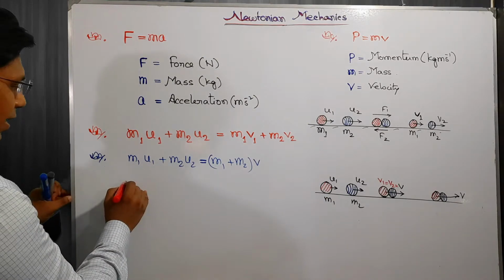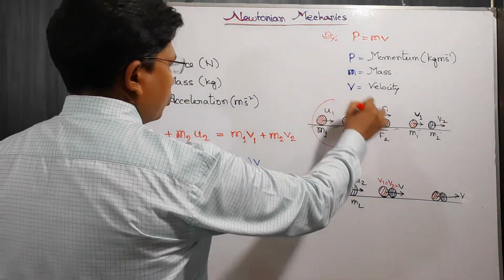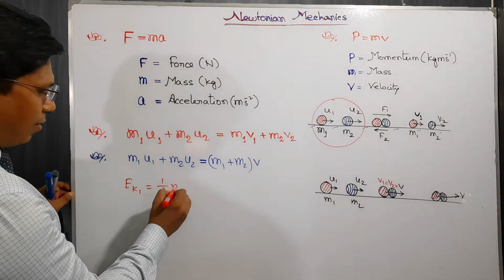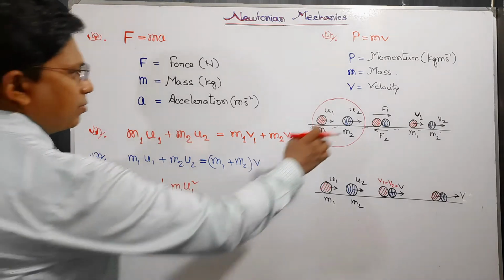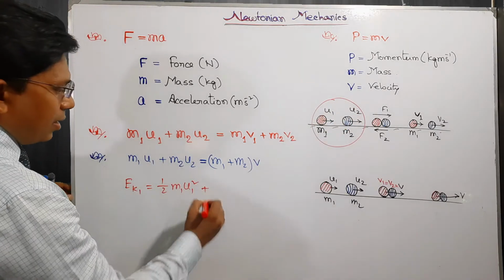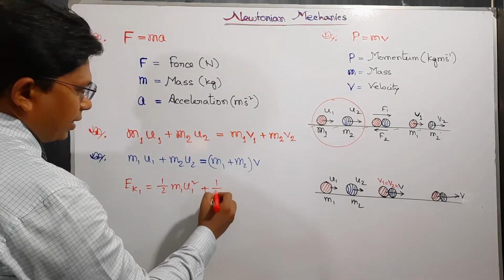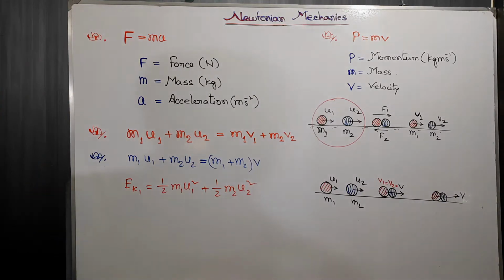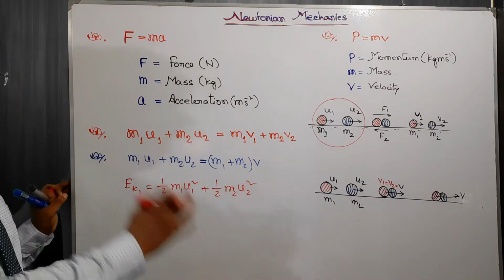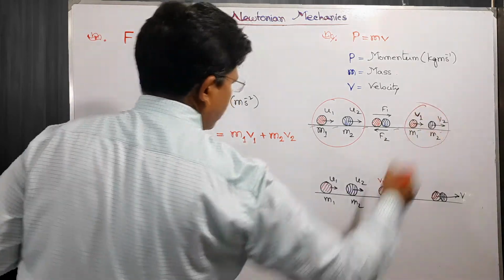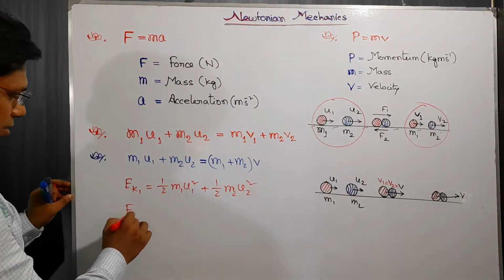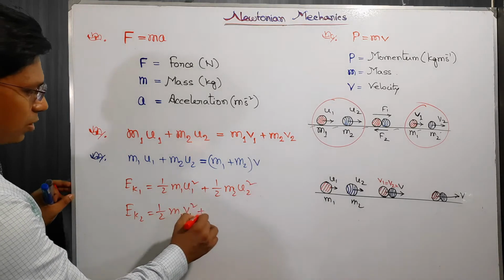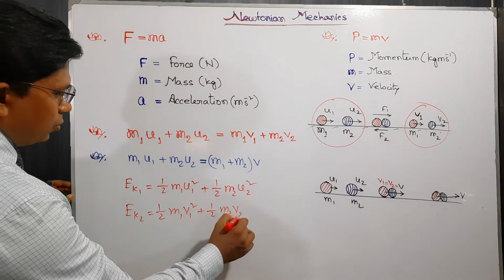The before collision energy is Ek1, which is half m1 u1 square, the first object kinetic energy, plus the second object kinetic energy, half m2 u2 square. The total kinetic energy before collision. And we consider the after collision total kinetic energy as Ek2, half m1 v1 square plus half m2 v2 square.